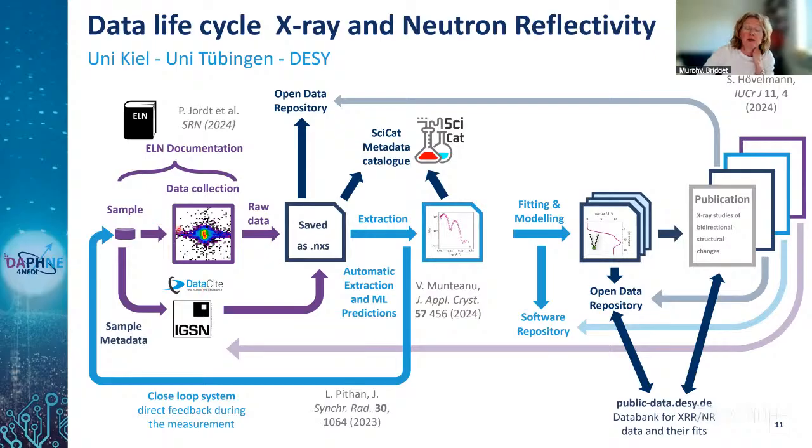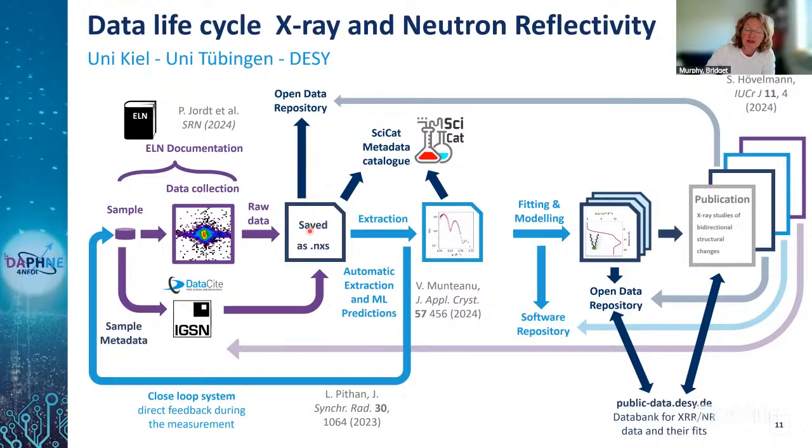And then with your experiment, when you're collecting your data, you document everything with the electronic logbook. And now the raw data, we will save it in a standard format. Our preferred format is the Nexus format. And at this stage, we have to save 2 aspects of the data itself, and also the metadata, of course, so that we can find the data back again.